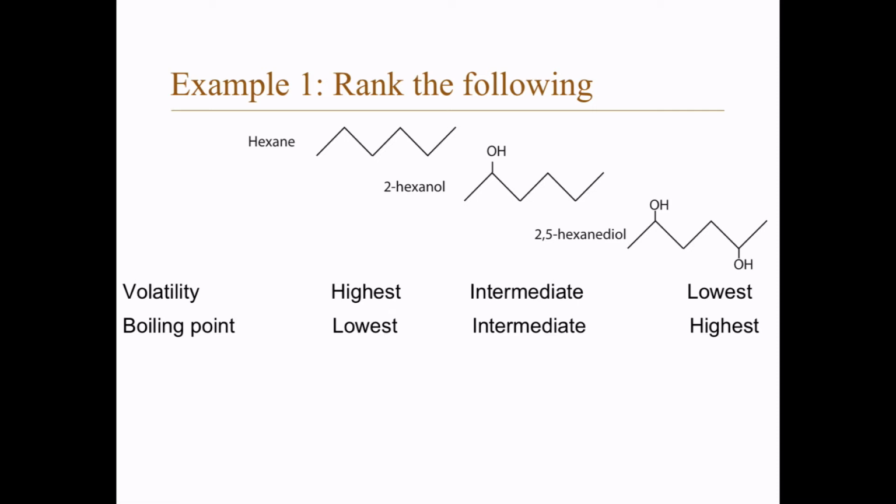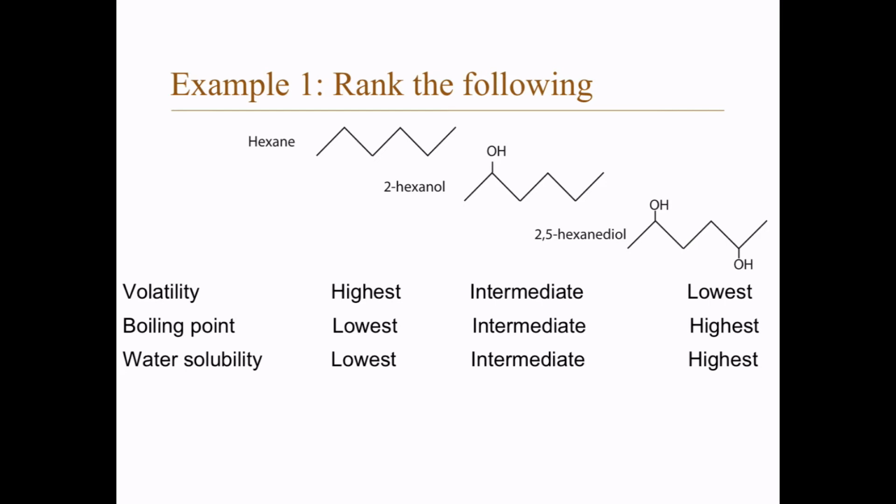What about water solubility? Well, like dissolves like, and water is a polar substance, and this is a more polar substance than this one, and this 2-hexanol is more polar than hexane. So 2,5-hexanediol is the most polar of these three substances, so the water solubility should be largest for 2,5-hexanediol and lowest for hexane.